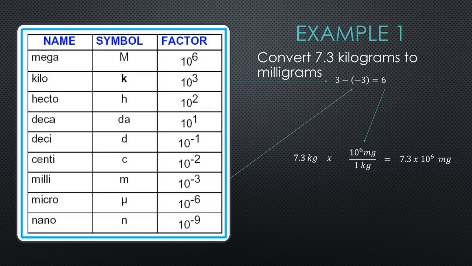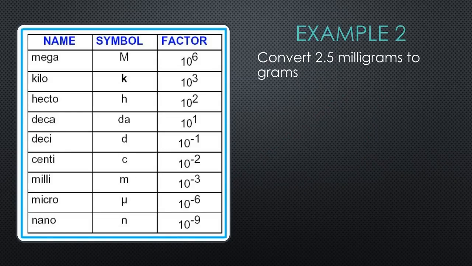It basically writes itself in scientific notation. 7.3 times 10 to the 6, because dividing by the 1 doesn't actually do anything. So as far as a mathematical process, even though these numbers are being multiplied together, there's no actual work for you to do using this kind of method.